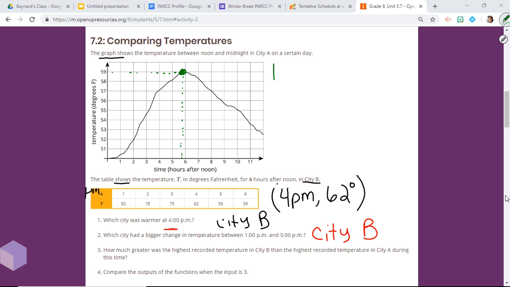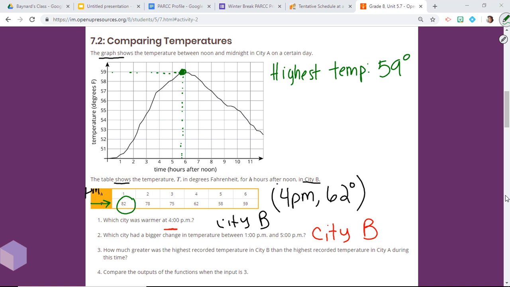So our highest temperature for City A is roughly 59 degrees Fahrenheit. And for City B, we just need to look at the temperatures. So we need to look at this bottom row in the table, and we can see our highest recorded temperature is 82 degrees.